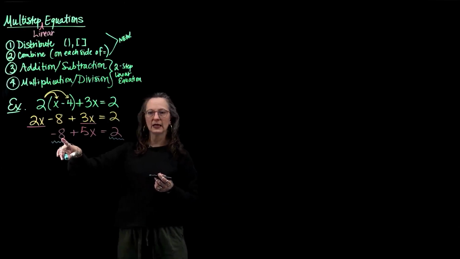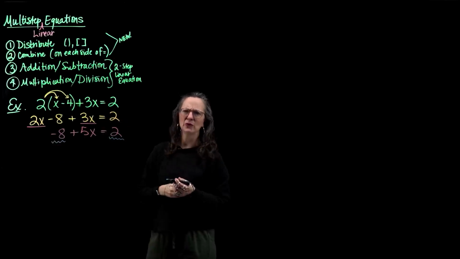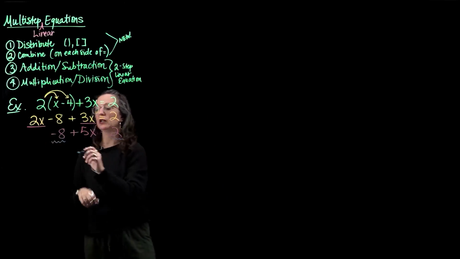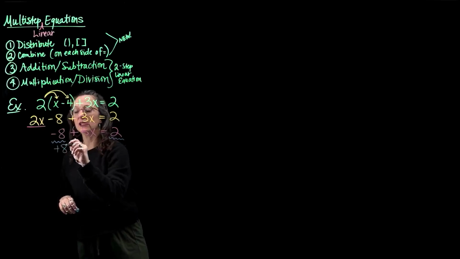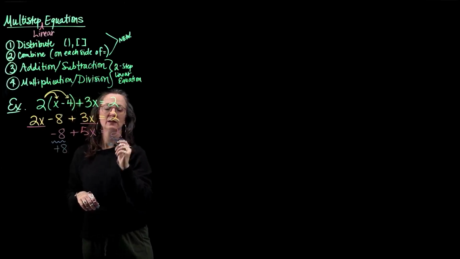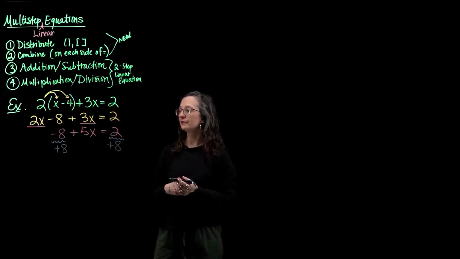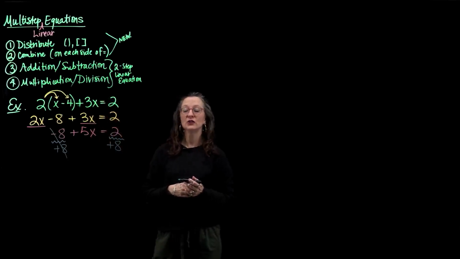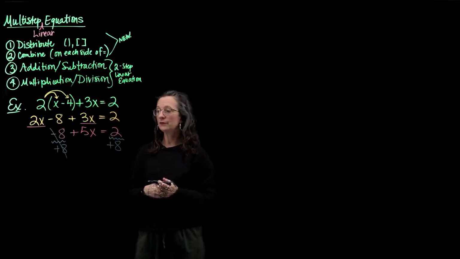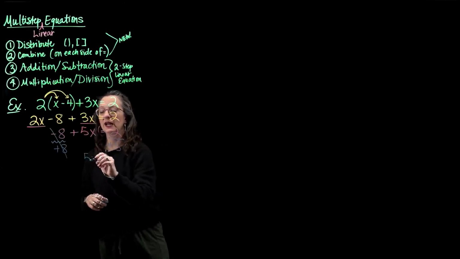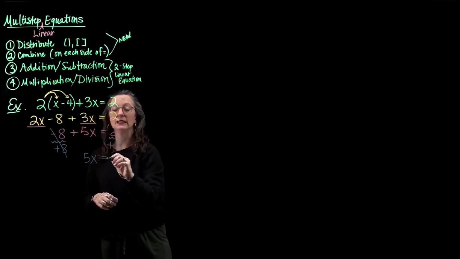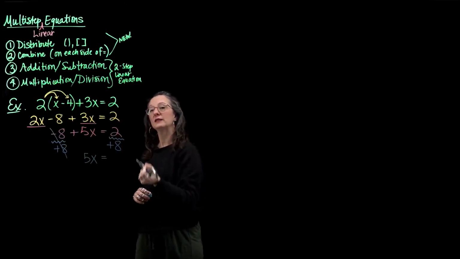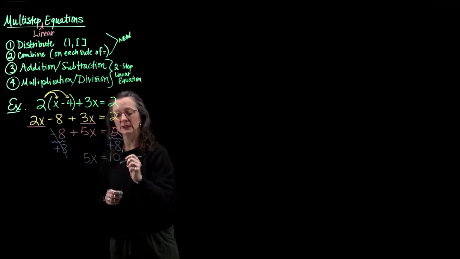So I need this negative 8 moved away from the x. In order to undo minus 8, we are going to add 8 to both sides. Minus 8 plus 8, those undo each other, so we're left with 0. So on the left-hand side, we have 5x is equal to 2 plus 8 on the right side, which is 10.